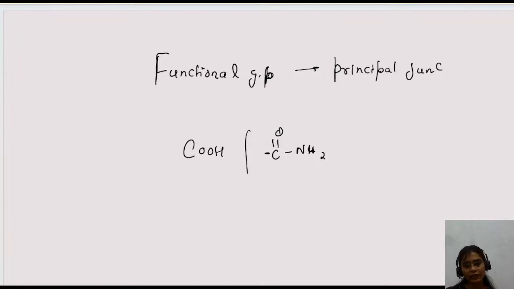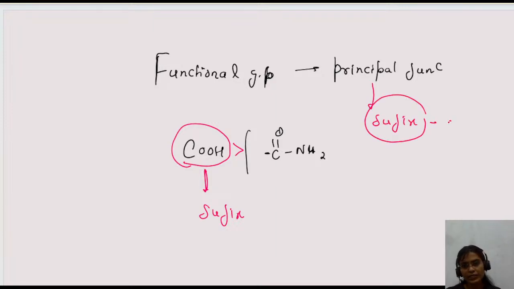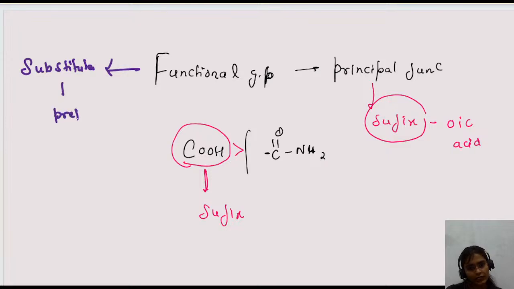Maybe you know the priority table. This was at the top. So for this one I'm going to use the suffix. For the principal one we use the suffix. What is the suffix for carboxylic acid? It is oic acid. On the other hand, for the inferior one, if it is not superior and behaves like a substituent, then we use a prefix there. This is the normal logic.